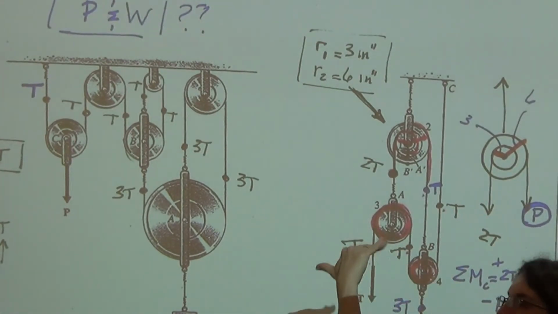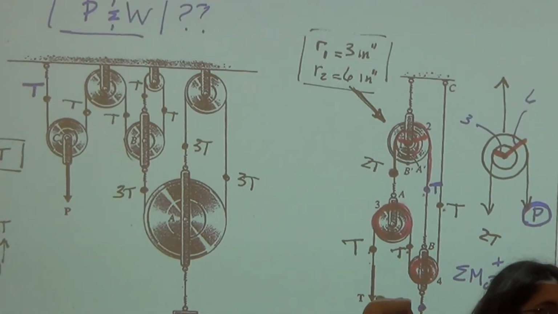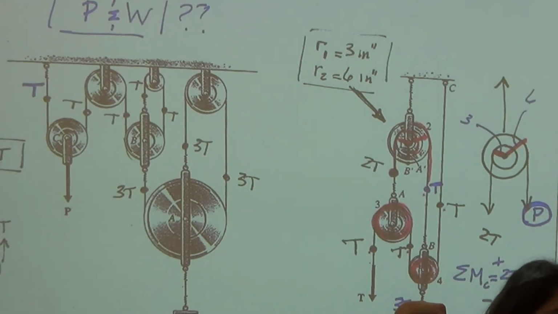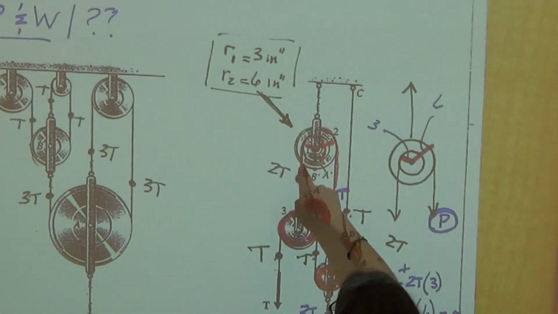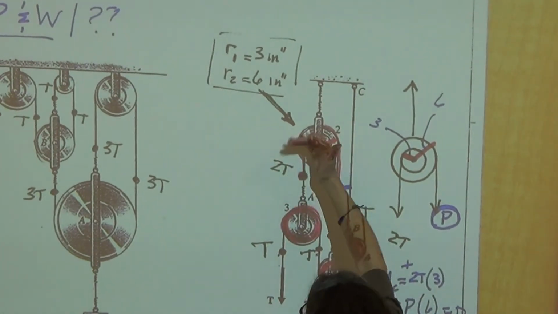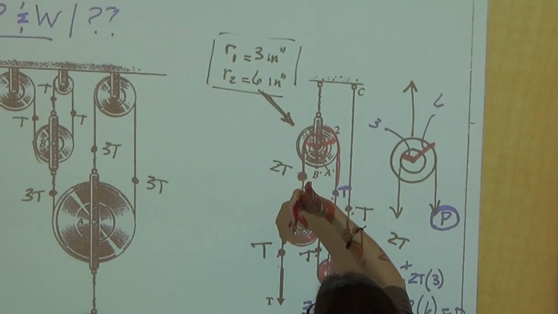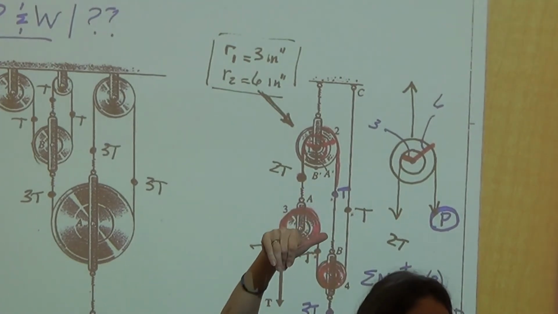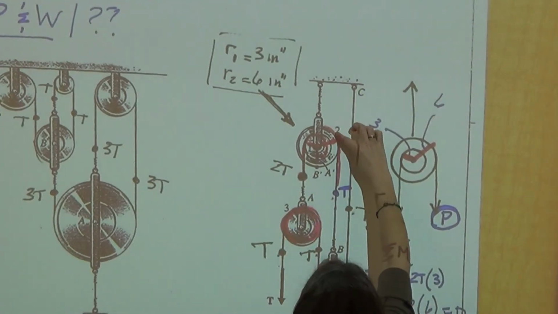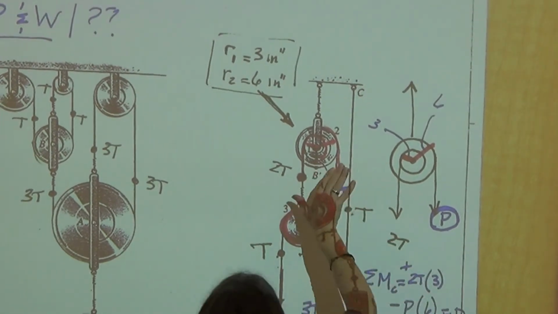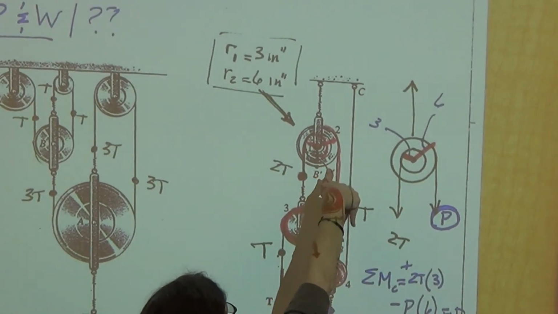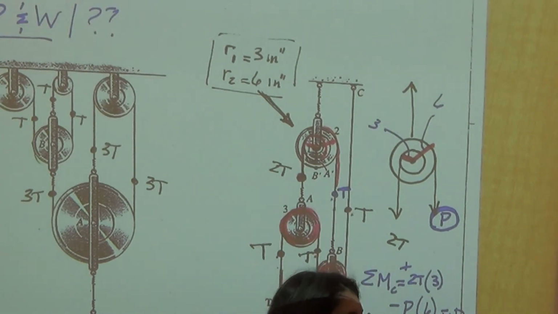If a spin is created that's clockwise, I'm going to have a negative moment. Okay? So when I analyze this point, this load here of 2T is creating a counterclockwise moment, and it's positive. But this force, this weight, this tension coming down here is creating a clockwise moment, and it's negative.